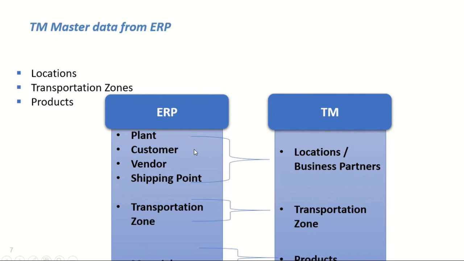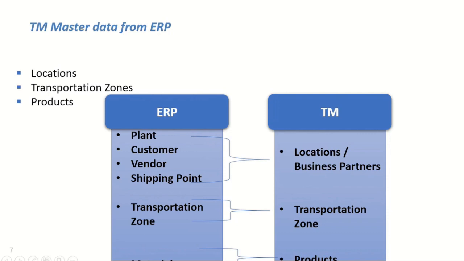When we transfer this customer to TM system, it becomes a business partner in TM. But for capturing the order, let's say this South India distributor is giving us an order to transfer the goods from Mumbai to Bangalore to their location. So we need their address as a location master as well. So when we transfer the customer to TM system, there is an option to transfer this customer as a location as well. So it creates a location also for that ID. Okay.